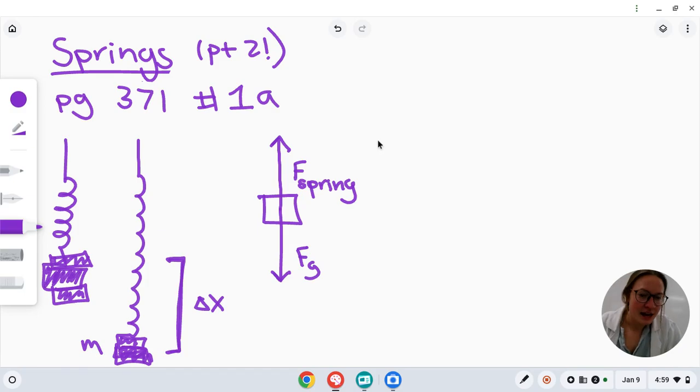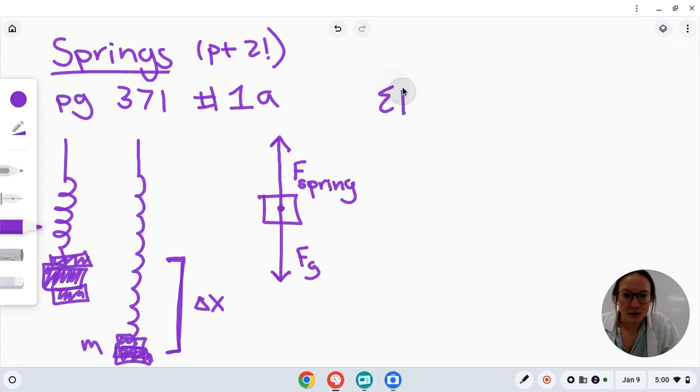In this case, I always like to ask students right here, which arrow should we draw bigger, the weight or the spring force? Correct answer? Same. You should draw them the same length because they are going to balance each other out so that this mass here isn't moving. Now, let's write a net force equation.